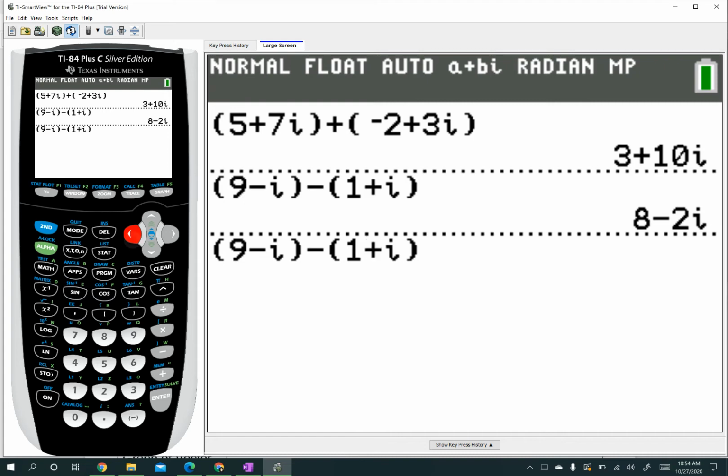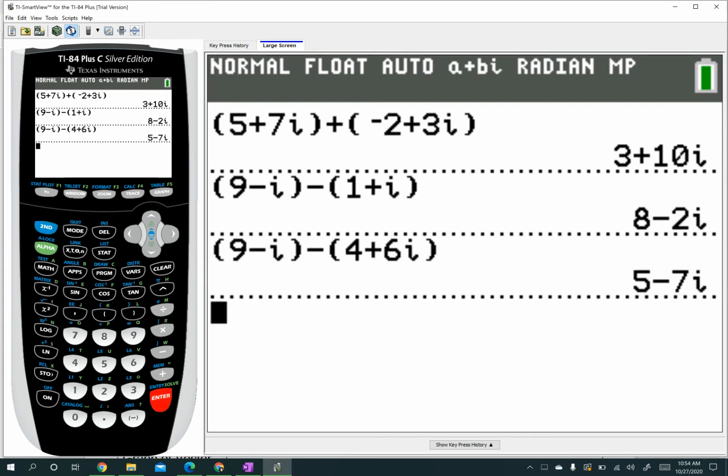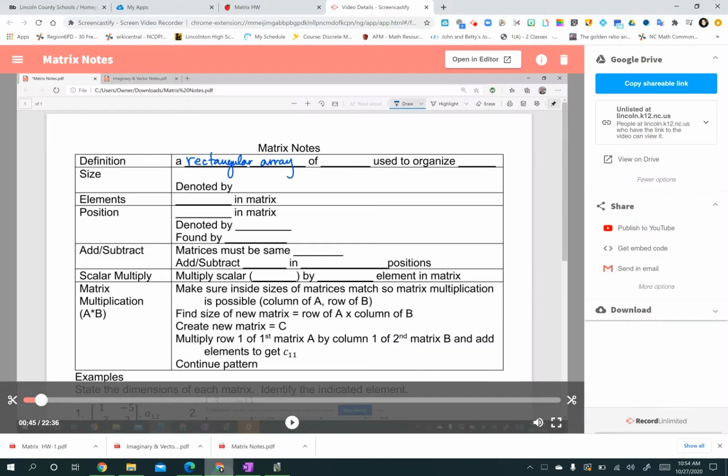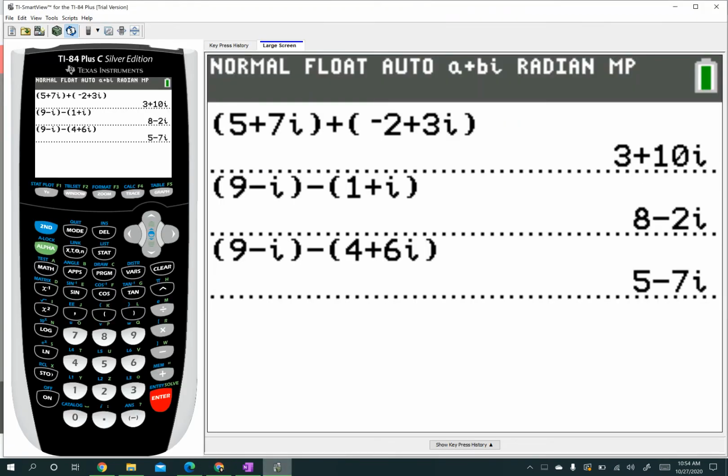I don't know what's going on. 4 plus 6I. Let's try that. That's the right problem. So 5 minus 7I goes here. Then we have negative 4 minus 3. It's like my buttons aren't working.